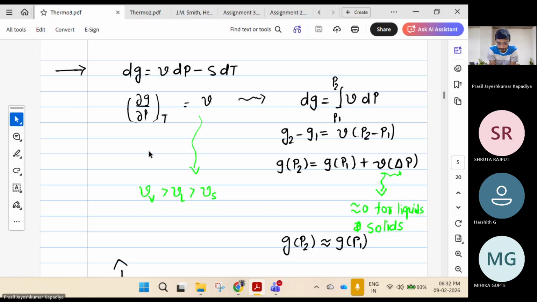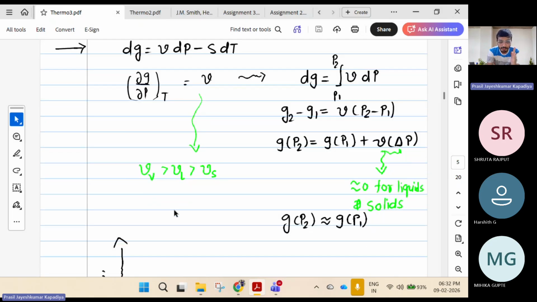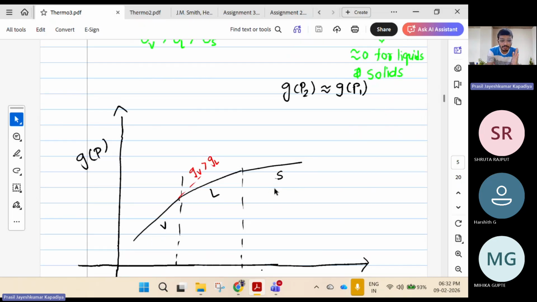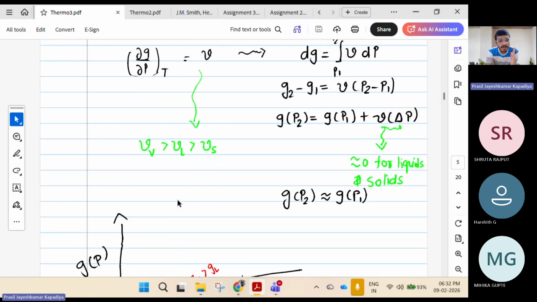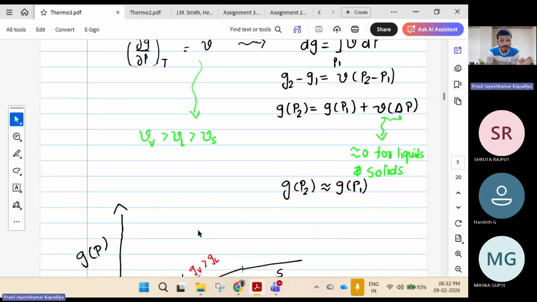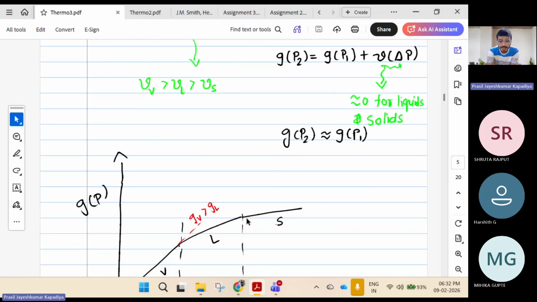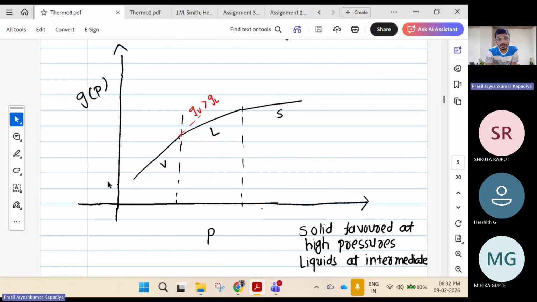Now, vapor volume is very high, so the slope will be very steep for vapor phase. Similarly for liquid, volume will not be as high as vapor, so it will not be as steep. And for solid, there are very insignificant changes of volume with pressure, so it is changing very little with pressure. This is what you can learn.